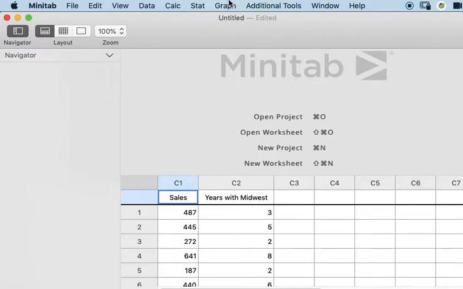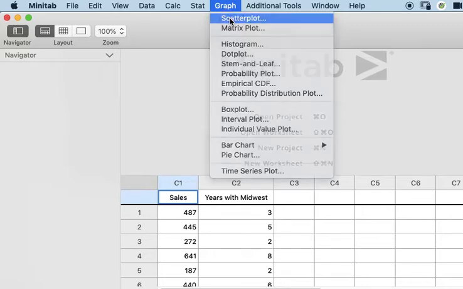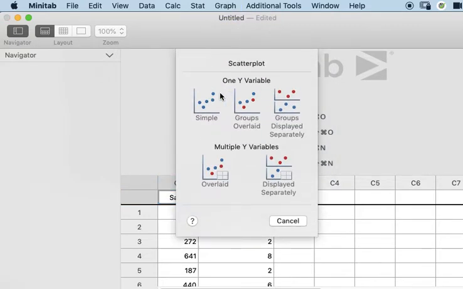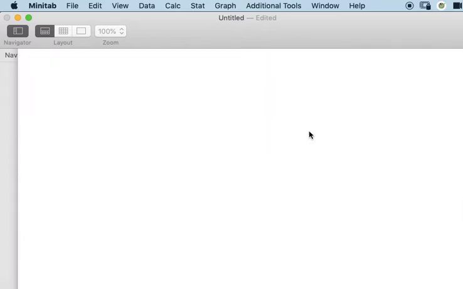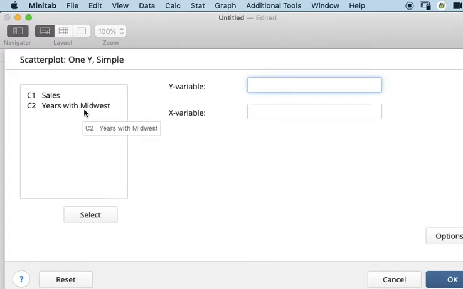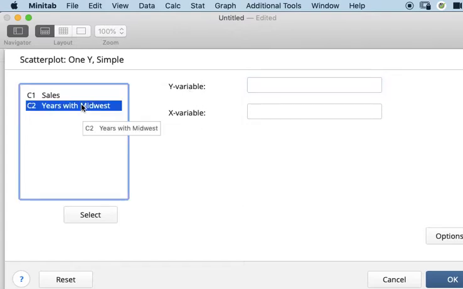So one way that we can look for the relationship is to look at the scatter plot. If we go to Graph and click on Scatter Plot, we're just going to do a simple scatter plot. And then we're choosing which variable we want on the y-axis and which one we want on the x-axis. So we're thinking that number of years possibly could cause a difference in the sales.